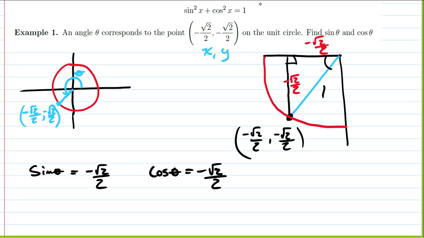X was -√2 over 2. Oh, y was -√2 over 2. So what was sine and cosine? The x and y coordinate. That's why the unit circle is very helpful, to find the values of sine and cosine. If we know we're on the unit circle, it's just the x and y coordinate of the point on the unit circle on the terminal side.